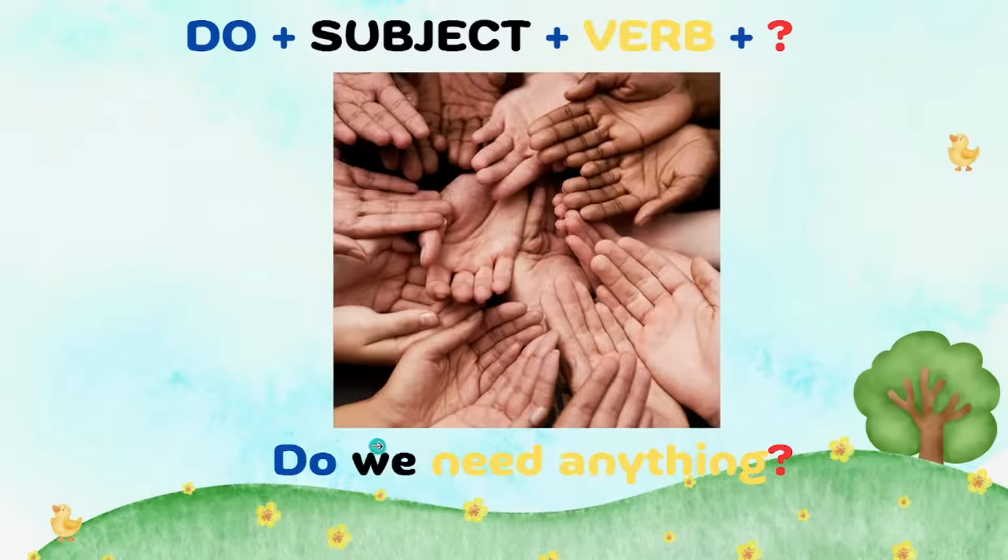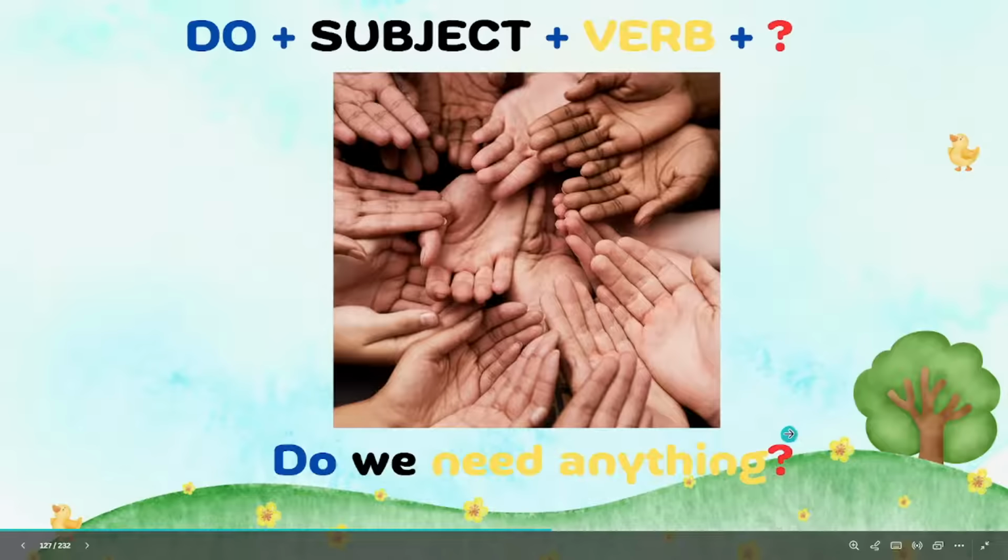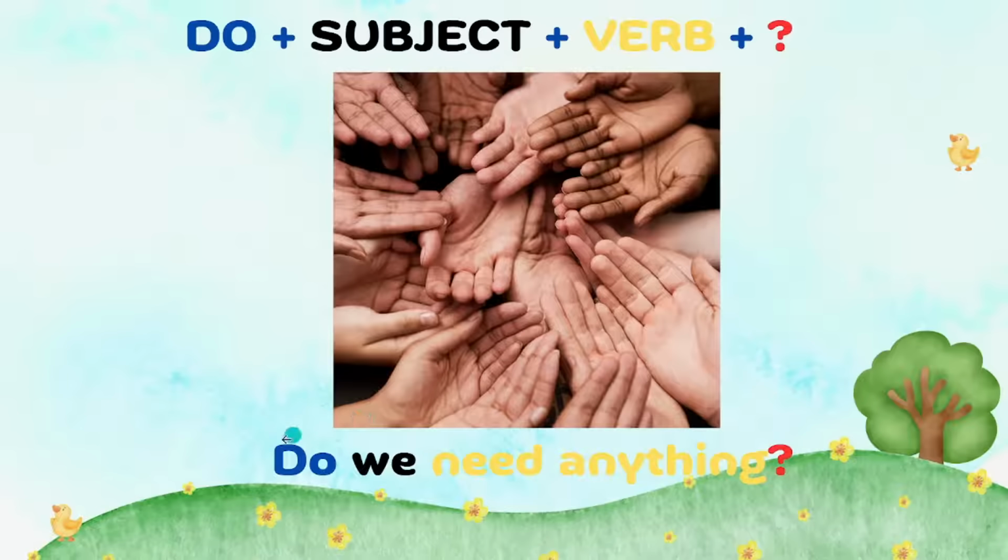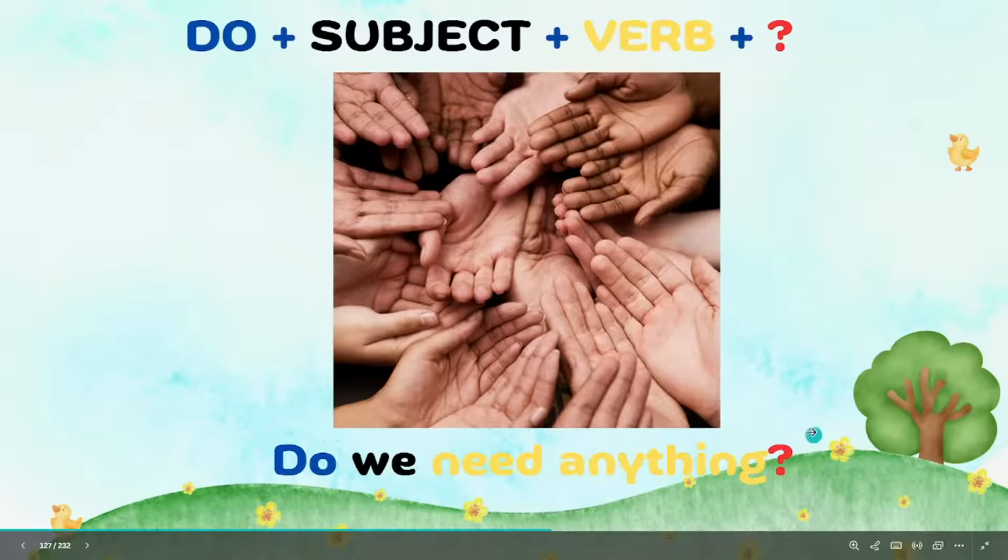You cannot use we if you're just alone; you will just use I or you. So, it says here, "Do we need anything?" with a question mark. That's interrogative because of this.